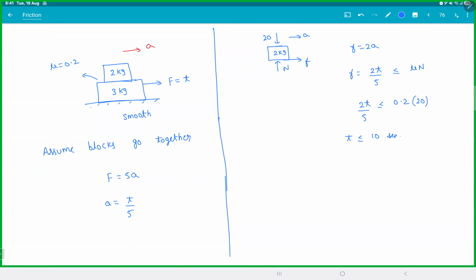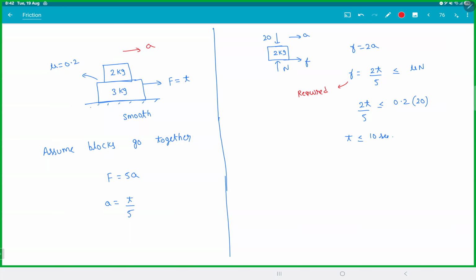Now let's try to understand the meaning of this. So this is saying 2t by 5 is at most 4, so t is at most 10 seconds. The friction is telling you, this is how much friction I require. This is your required friction. At t equal to 1 second, friction required is 2 by 5.